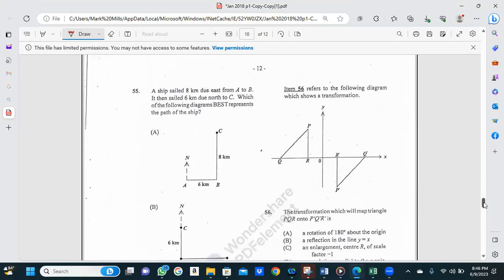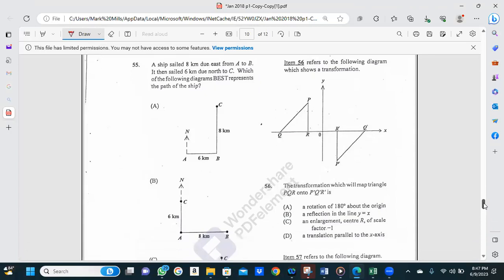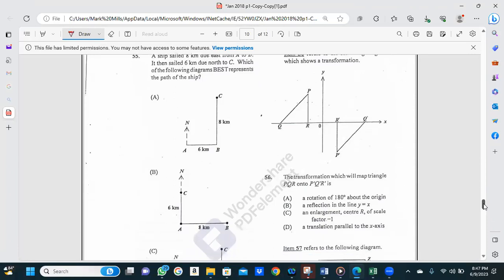Item 55. A ship sails 8 kilometers due east from A to B, right? Then it sails 6 kilometers due south to C. So you move from A, 8 kilometers due east, and later you go south 6. So 8 and 6.